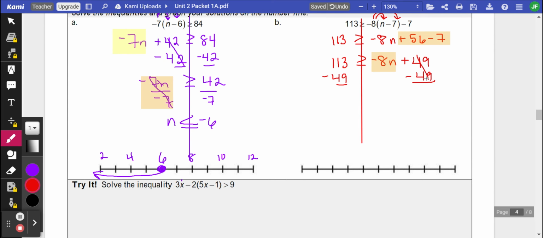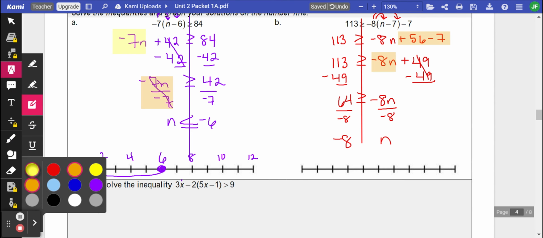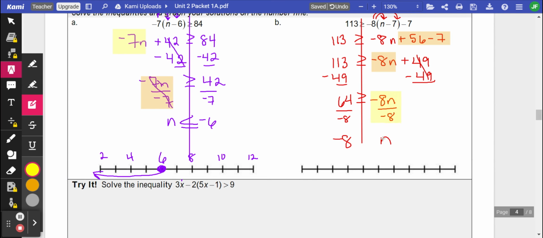So if we take 113 minus 49, we get 64. And then if we divide by -8 on both sides, we get -8, and we have n, but we did just divide by a negative number with our variable.